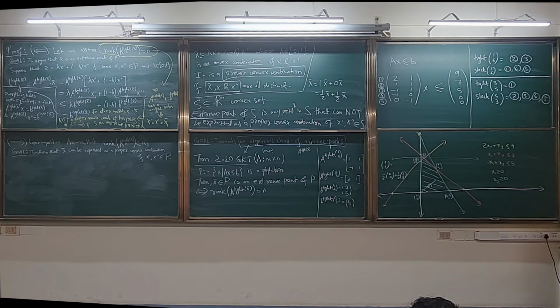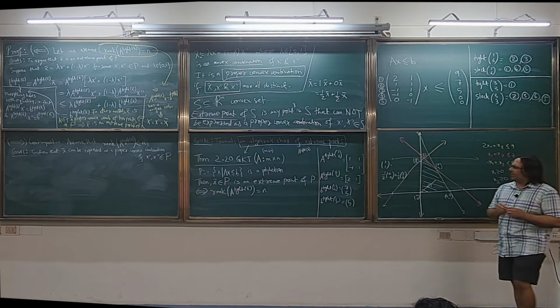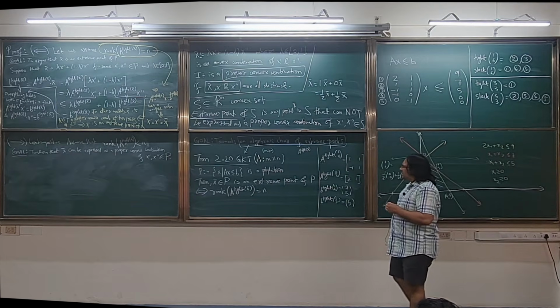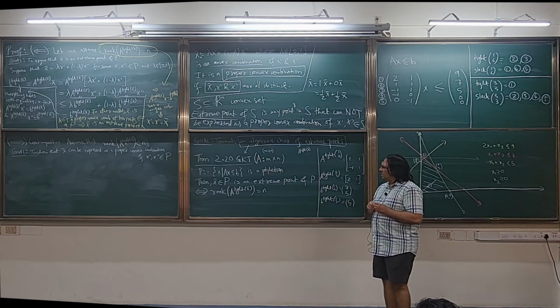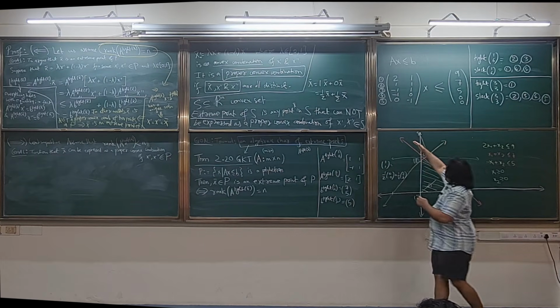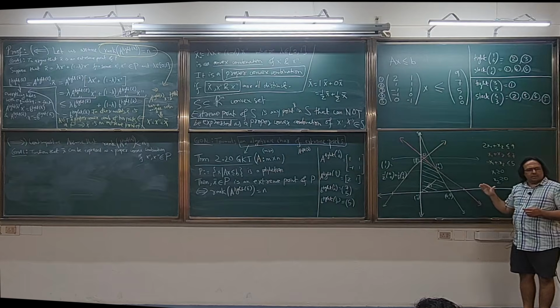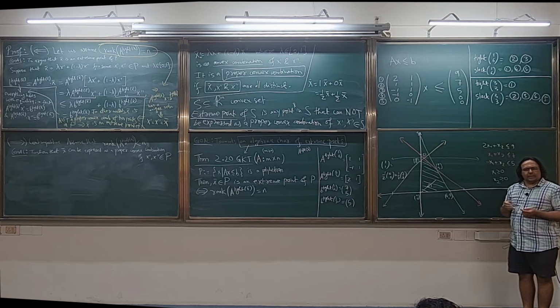Do we need that? Is the statement false without that? If m is less than n, like if I take just one line, then I will just not have any extreme points.